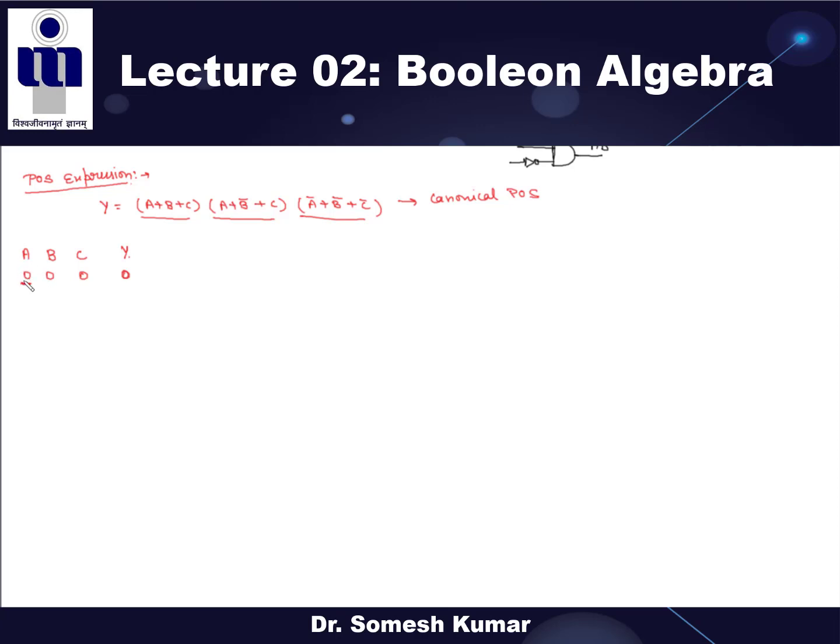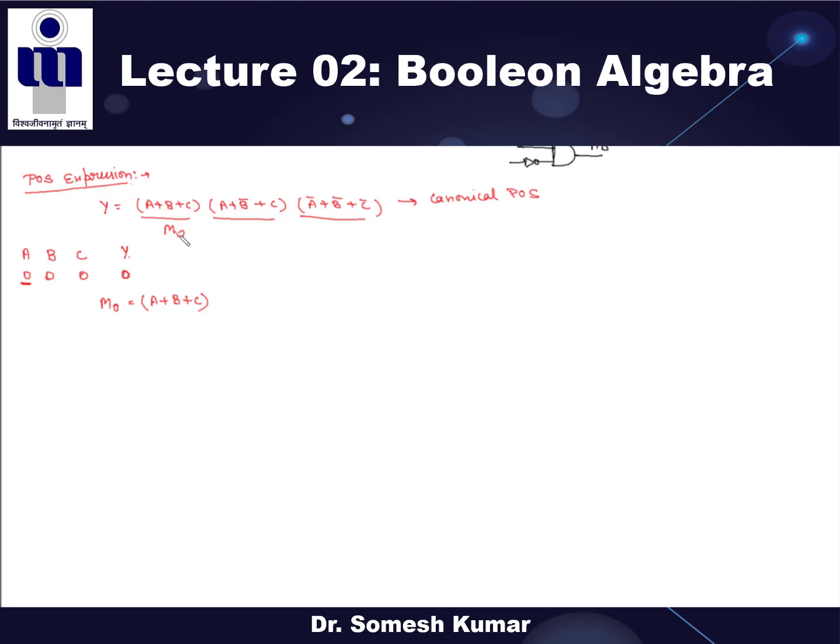Here this 0 is represented by A, this 0 by B, and this 0 by C. So this M0 is A plus B plus C.